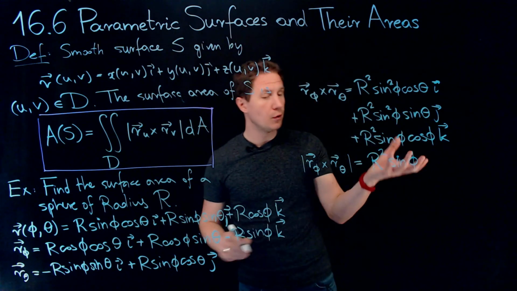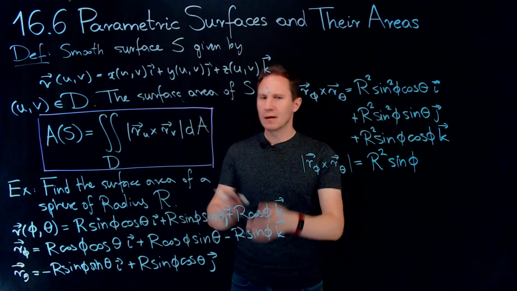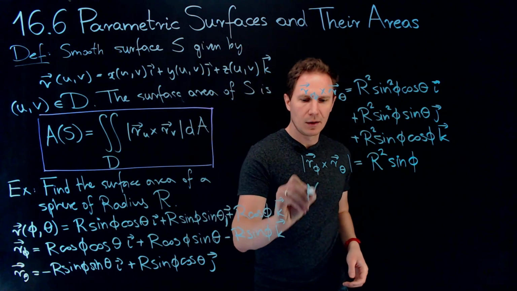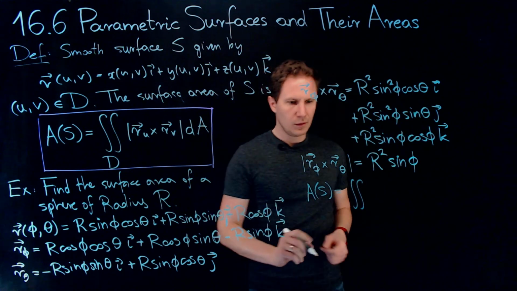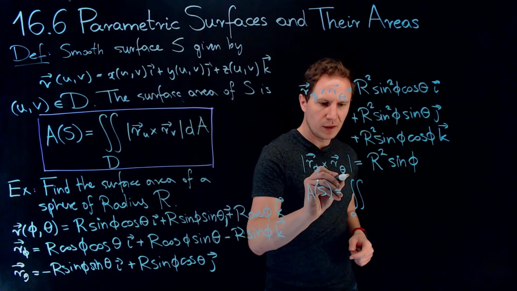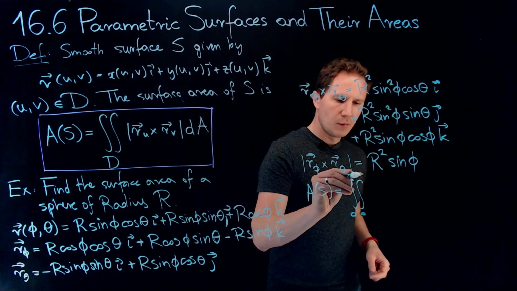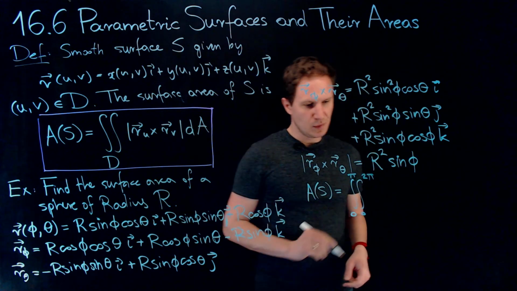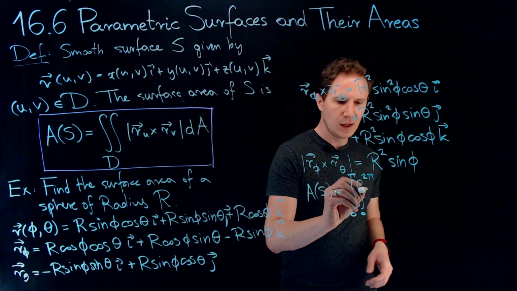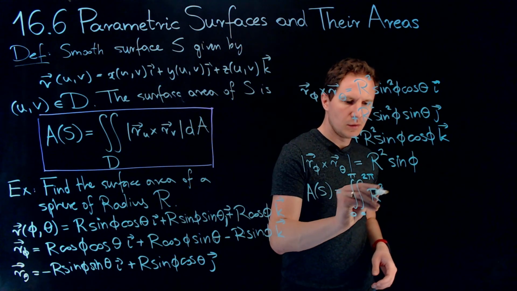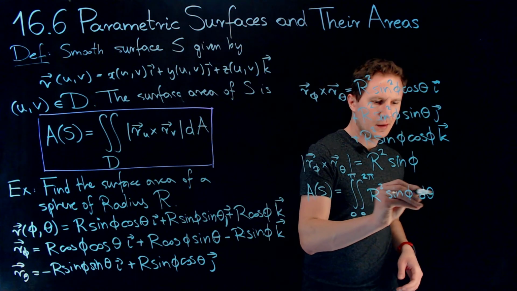Okay, that was the Jacobian, but now R is fixed. So this is the function we want to integrate to find the surface area of this sphere, as phi and theta change over their respective intervals. Phi changes between 0 and pi, and theta changes between 0 and 2 pi. That's how we get the entire sphere. This is the function which we have to integrate with respect to theta and phi.